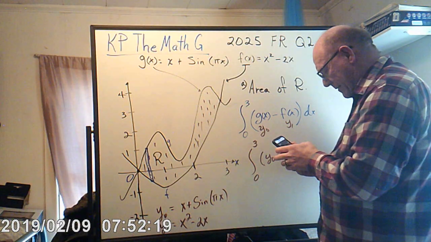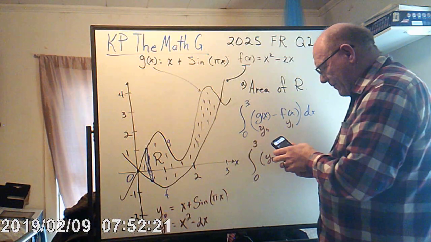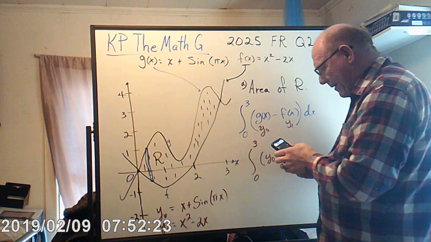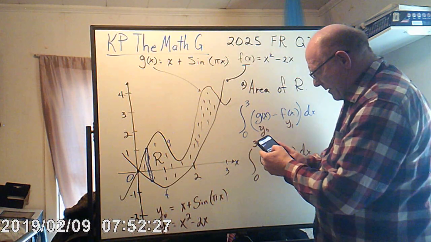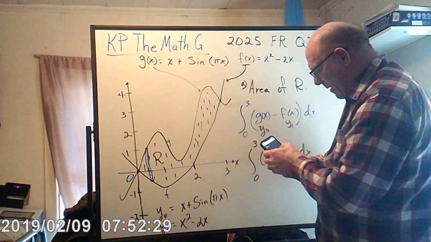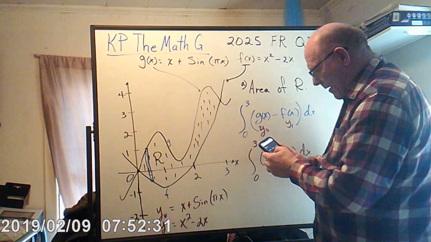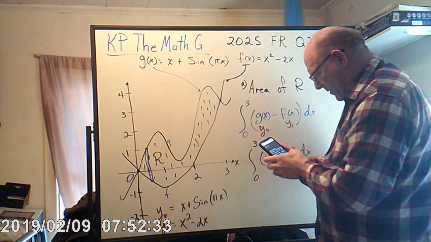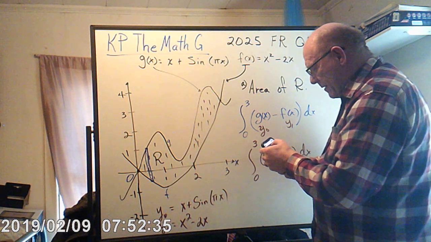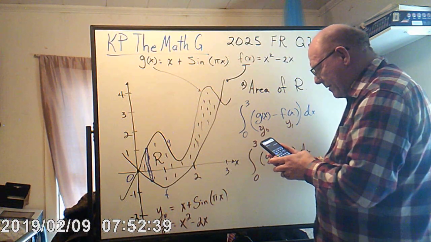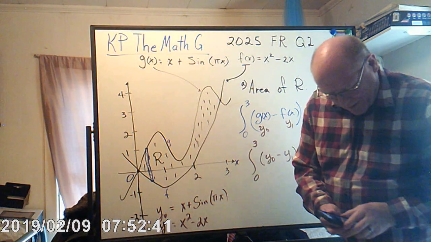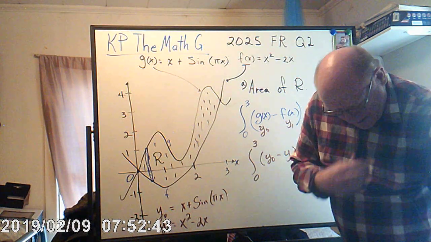Oh, I had it. There it is. Now minus sign. Now I go back to y bar again, and then y1, close the parentheses, delta x. Now I'm going to hit enter, and I should get 5.136.